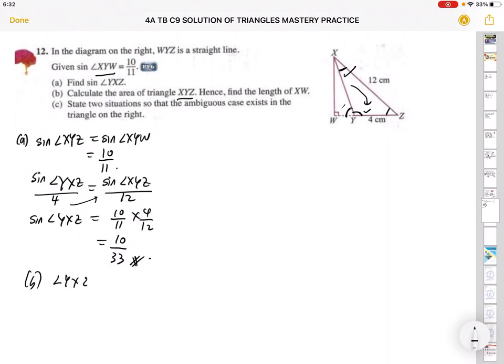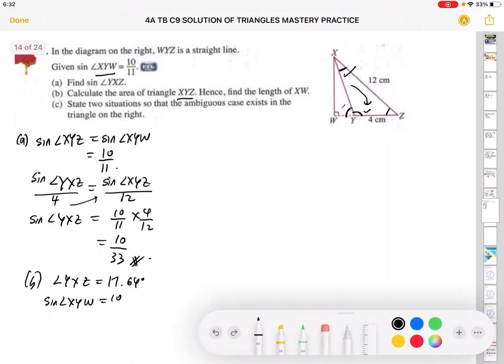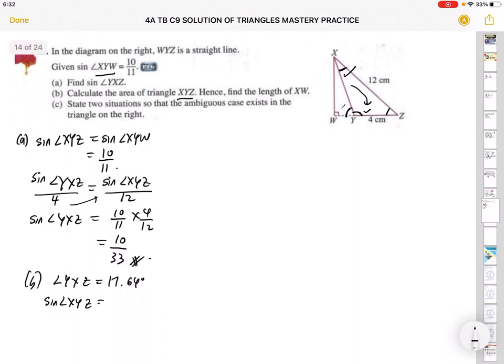I got 17.64. And from sine XYW equals 10 over 11, angle XYZ is just obtuse, so angle XYZ is 180 minus sine inverse of this, 65.38. I got 114.62, right?